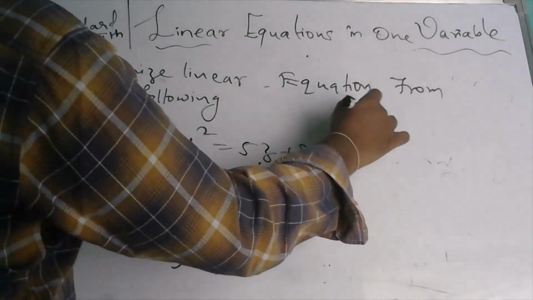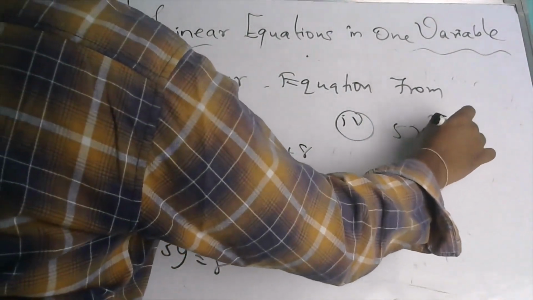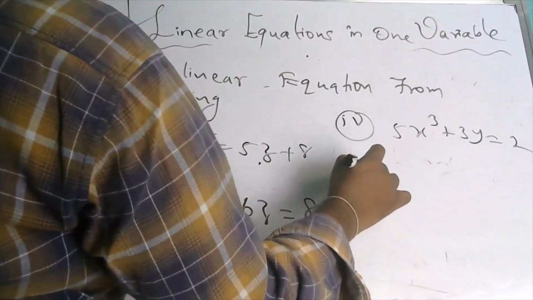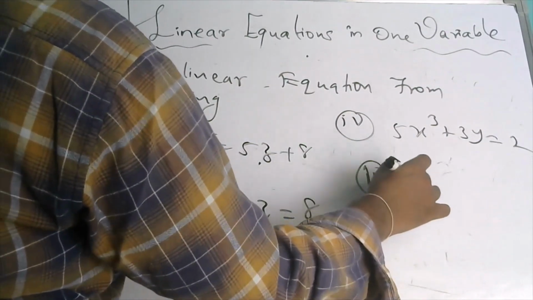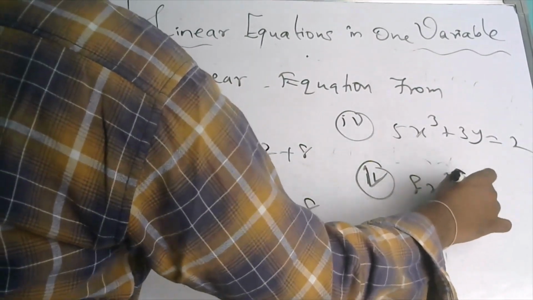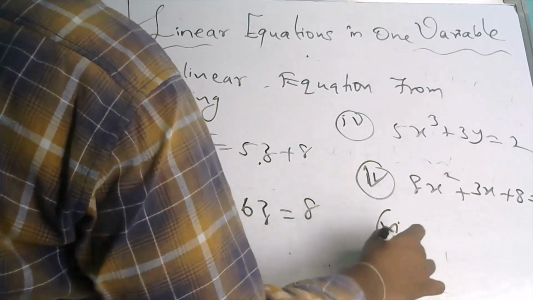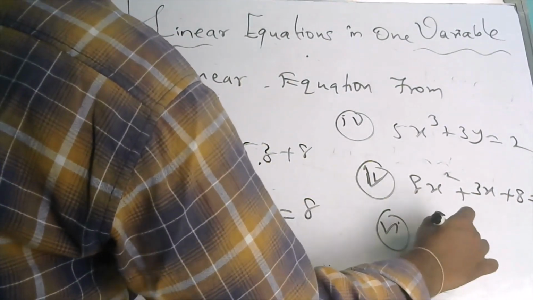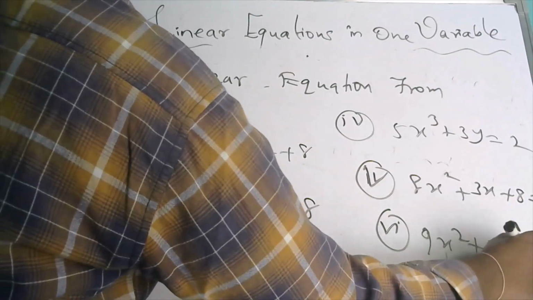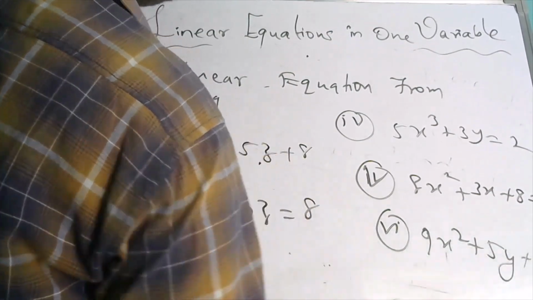Fourth one, 5x cubed plus 3y is equal to 2. Fifth one, 8x squared plus 3x plus 8 is equal to 0. Sixth one, 9x squared plus 5y plus 8z is equal to 0.